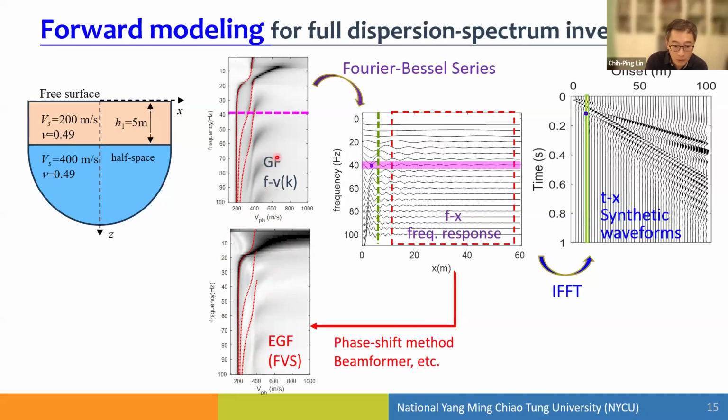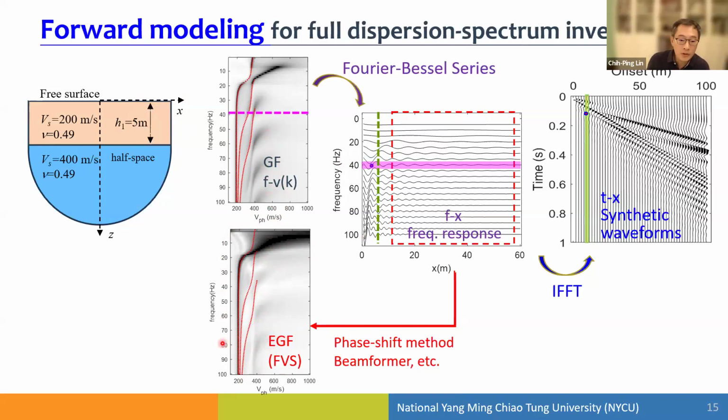The theoretical Green's function and the FVS may look similar but are not exactly the same, because the experimental one considers your receiver locations, and your wave field is discretized and truncated. So after the wave field transformation it is an empirical Green's function, but they are not identical.